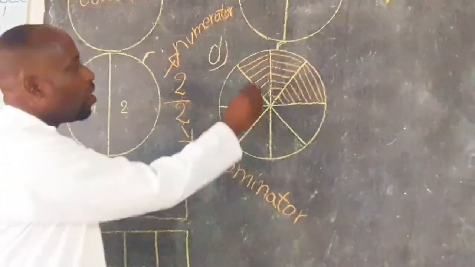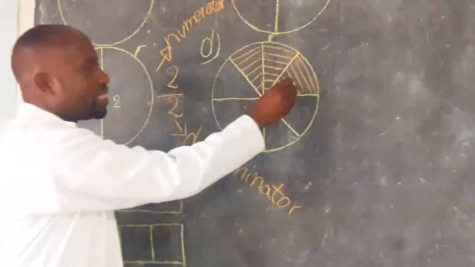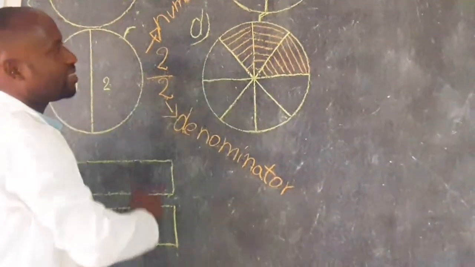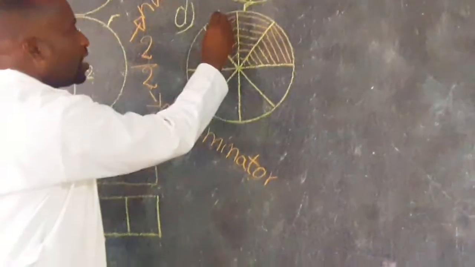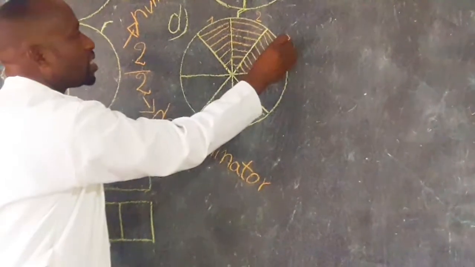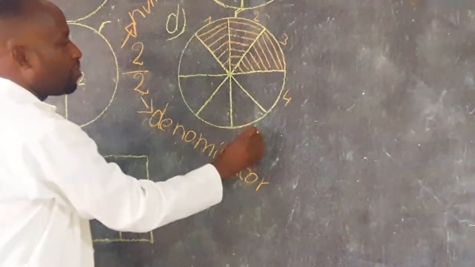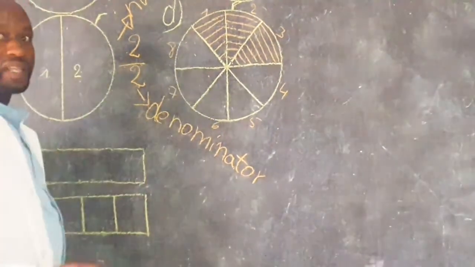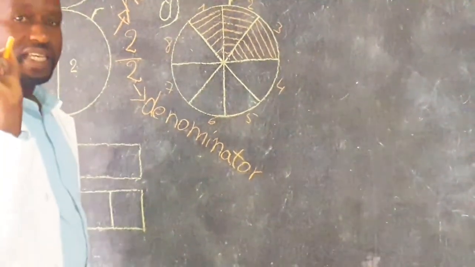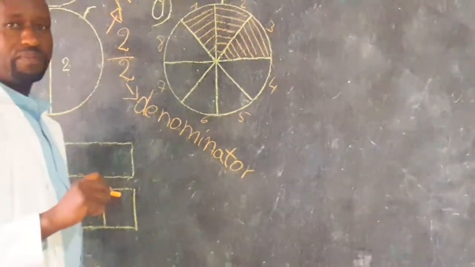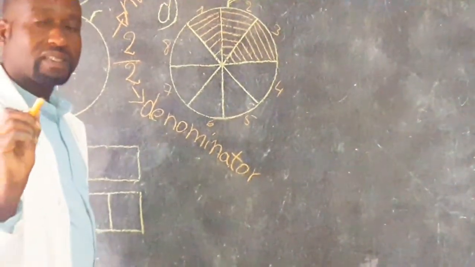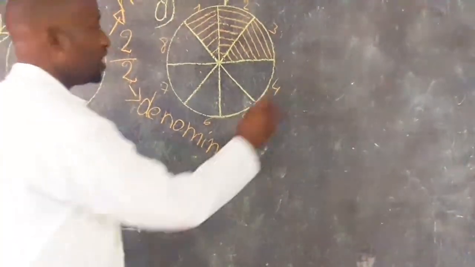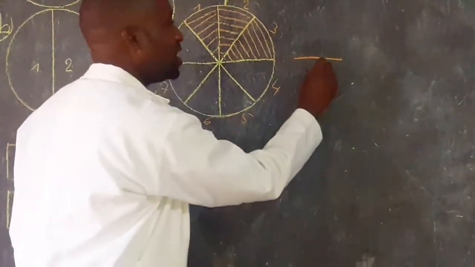How many parts? 1, 2, 3, 4, 5, 6, 7, 8. I repeat again. The available parts is 8. And the available parts in a fraction means the denominator. Here, the denominator is 8.